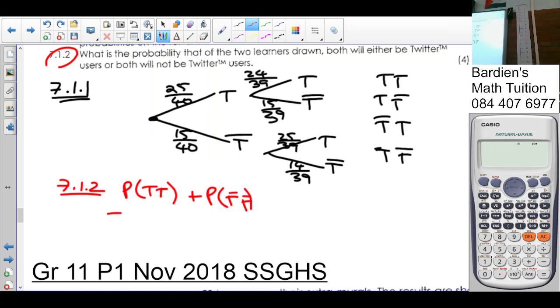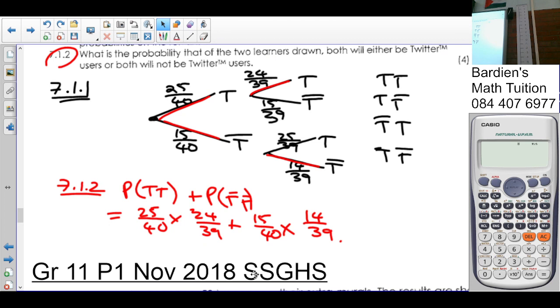The Twitter is 25 out of 40, I'm following this branch, times 24 out of 39, plus non-Twitter is 15 out of 40 times 14 out of 39. Okay.